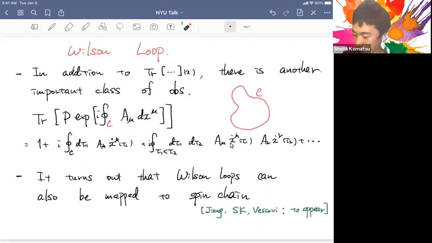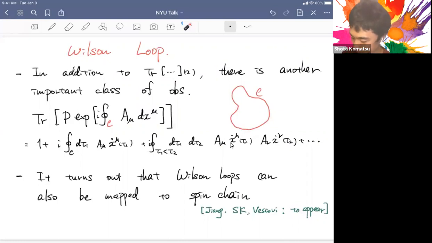Here I forgot the trace, but if you expand the path-ordered exponential, then at the leading term you get 1, at the next order you just bring down this exponent, and at the next order you get an ordered product of two gauge fields. This Wilson loop can be defined on any contour. So unlike the single trace operator that I was talking about, this is a non-local observable. And as you probably know, this is a good order parameter for confinement.